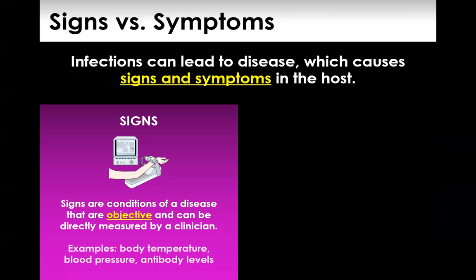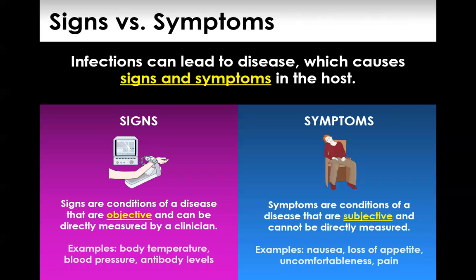Let's talk about signs versus symptoms. This is a very important concept for you to understand. You will see this when you talk about the nursing process and health assessment. Signs are what we see as the healthcare provider, so that's objective information. Examples can be the blood pressure, vital signs, blood work, and chest x-ray.